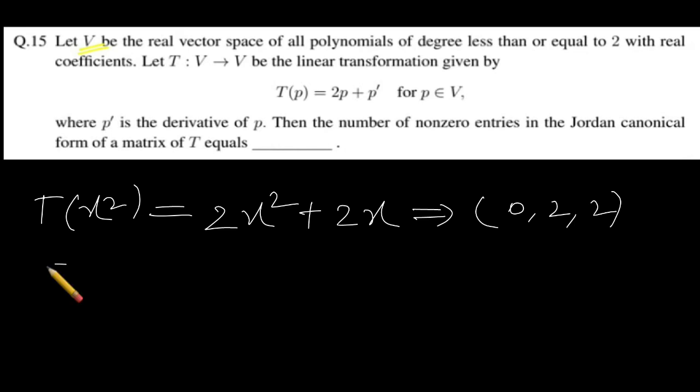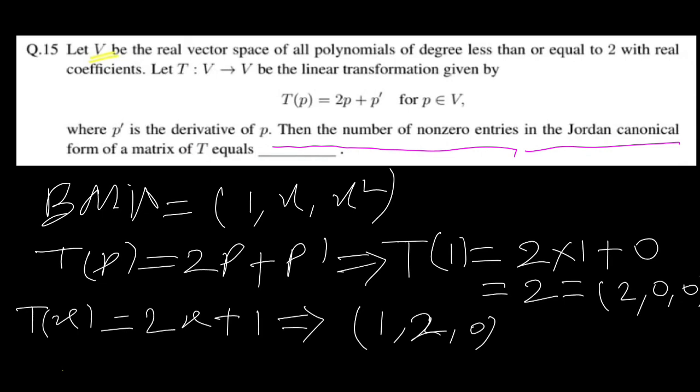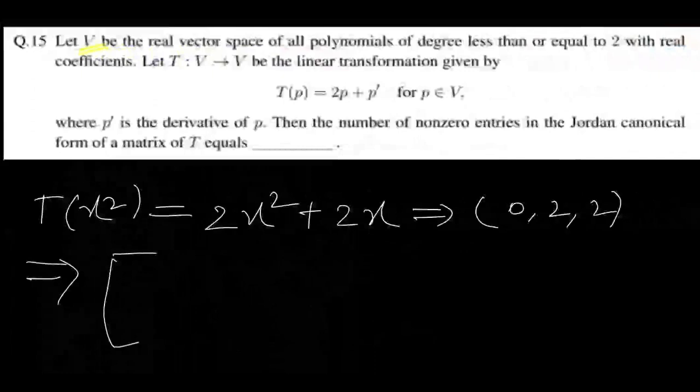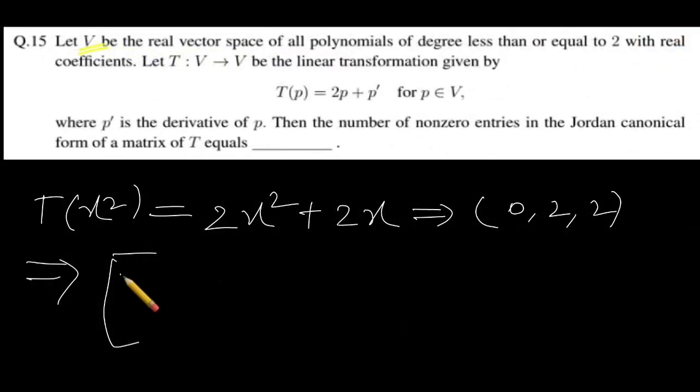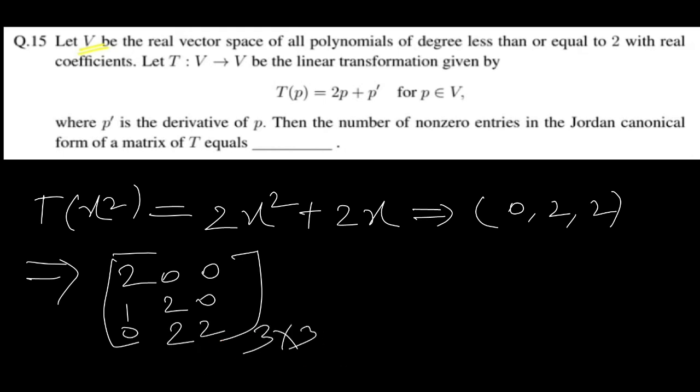Then we conclude that the matrix representation of this Tp equal to 2p plus p dash is, where this is the first coordinate, second coordinate, and the last is the third coordinate: 2 0 0, 1 2 0 and 0 2 2. This 3 cross 3 matrix is the matrix representation of this transformation.